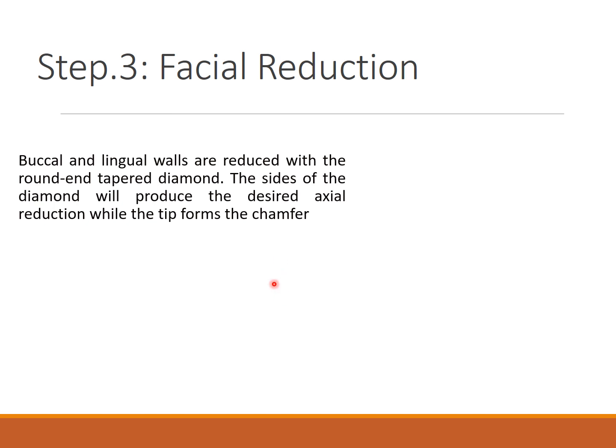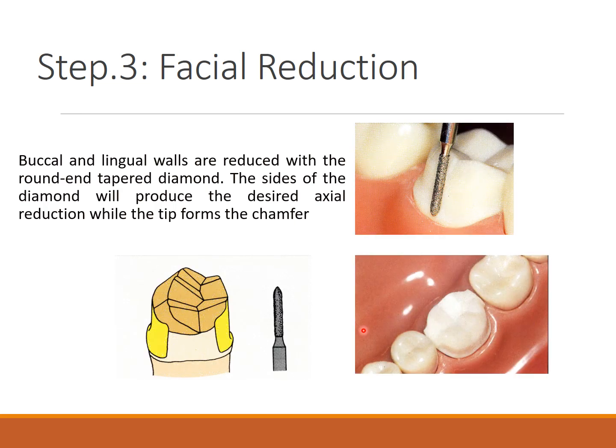So the tips form the margin, guys, and the sides produce the reduction. That's how you run it. The burr has two cutting edges, one and two. And this is how it would look once you're done with the facial portion.